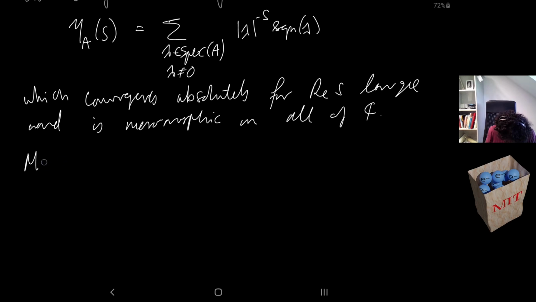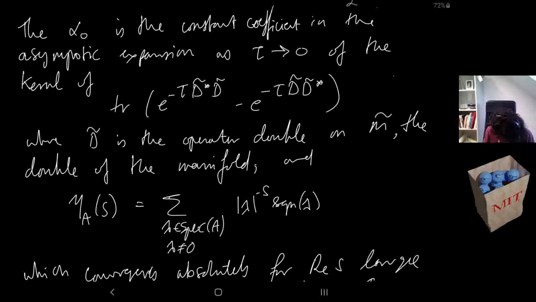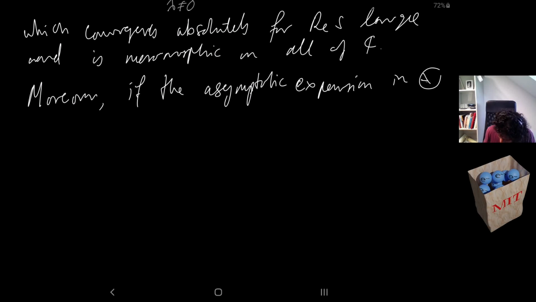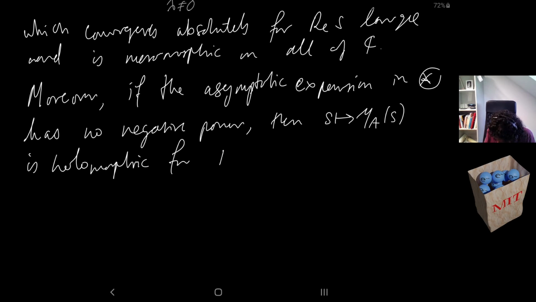Moreover, one last remark: if the asymptotic expansion, let's call it star, has no negative power, then S to eta A of S is holomorphic for the real part of S larger than negative a half.